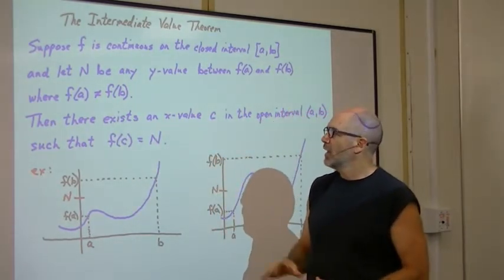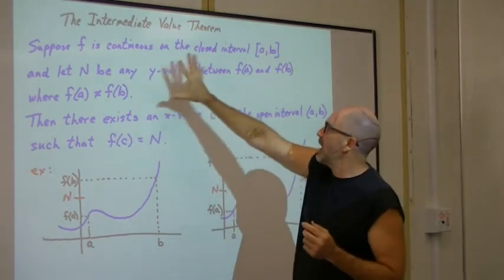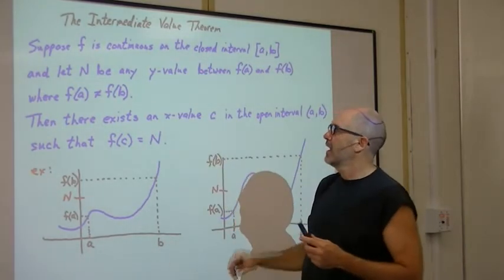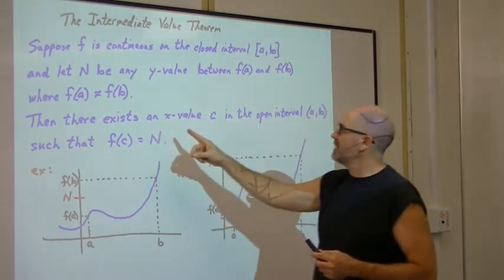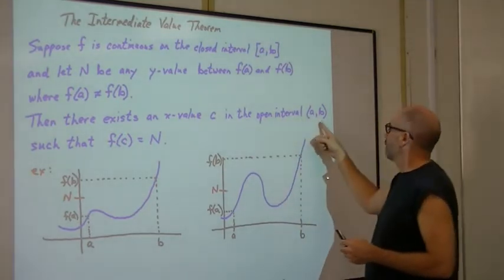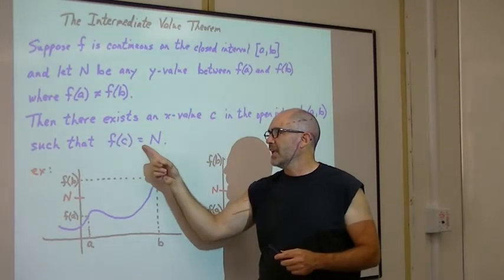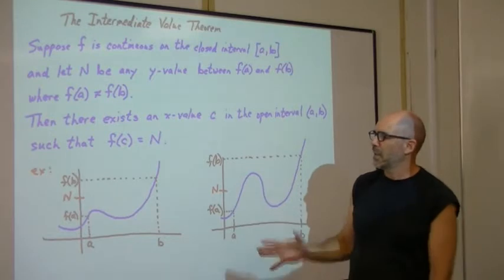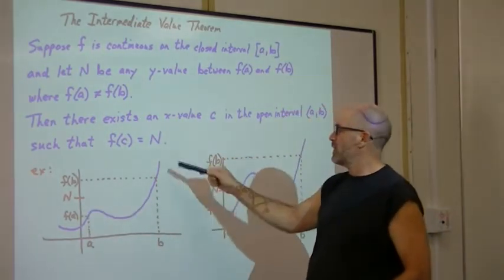If we satisfy those, this is basically the hypothesis, everything from suppose to the period. Then, the conclusion: there exists an x value, we're going to call it c, in the open interval from a to b, such that f of c equals n. I know that's really confusing, but let's look at it. Here's our function. This blue curve is our function f.